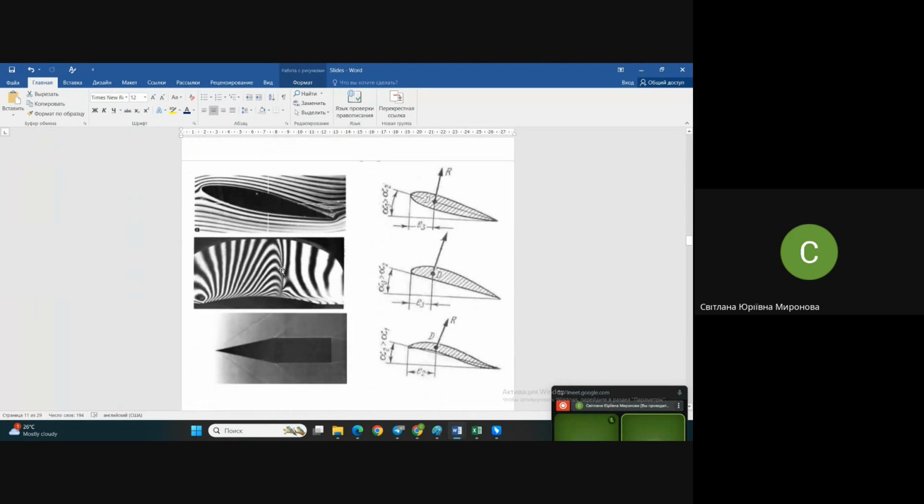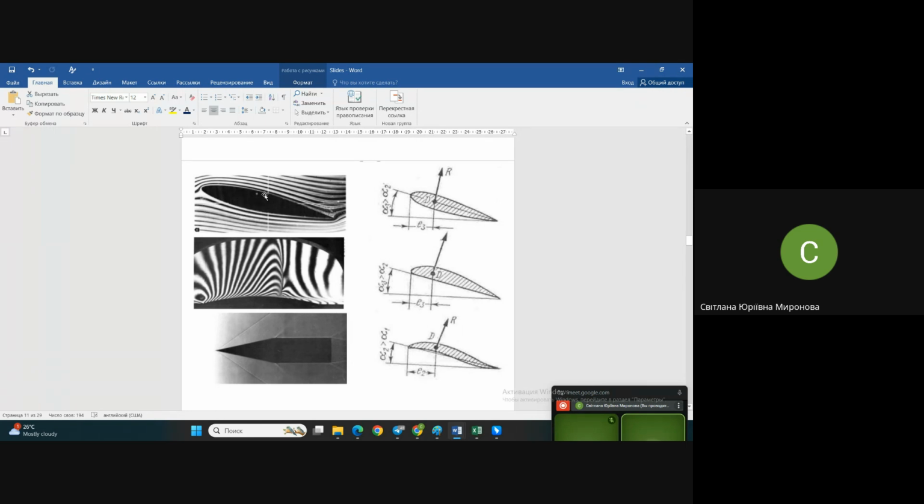Here you see some real experimental photos, taken by different methods of experimental study, and they demonstrate how the flow around the object depends on the shape of the object. And I should say that, of course, it's also with different speeds, different velocities of streamlines.